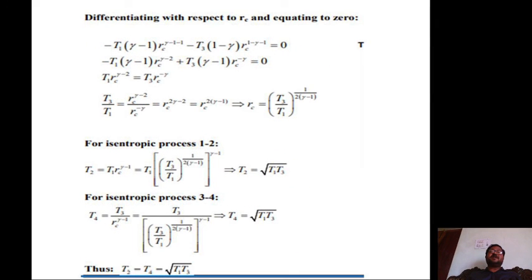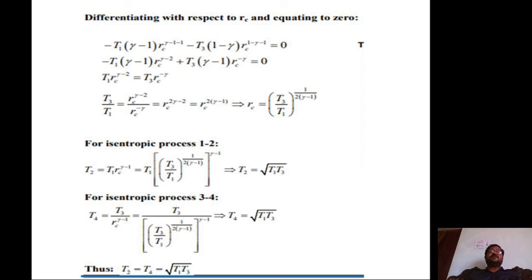Differentiating with respect to Rc equated to 0: T1 into gamma minus 1 Rc to the power of gamma minus 2, minus T3 into the derivative of Rc to the power of minus gamma, equated to 0.